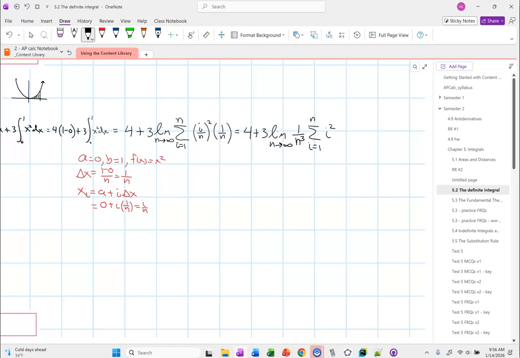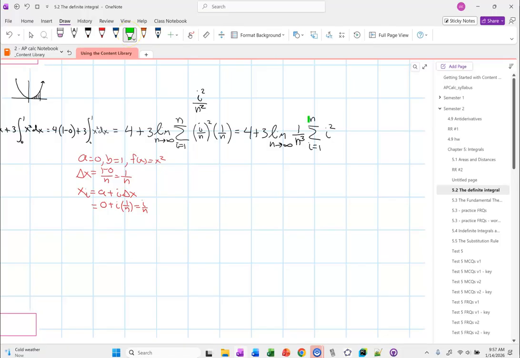Well, I have to add them up to infinity though. The i over n squared is i squared over n squared, times 1 over n gives me i squared over n cubed, and I pulled the 1 over n cubed to the front. Is that okay? Yeah.